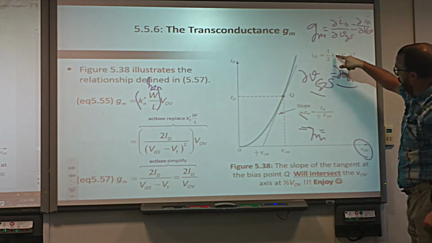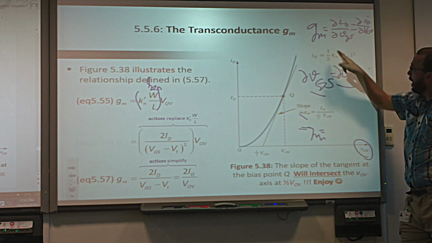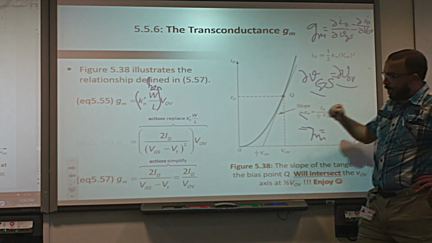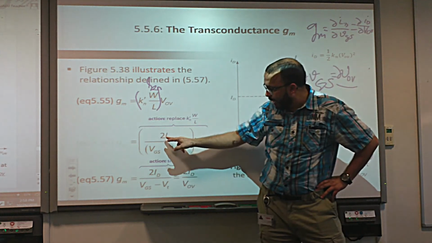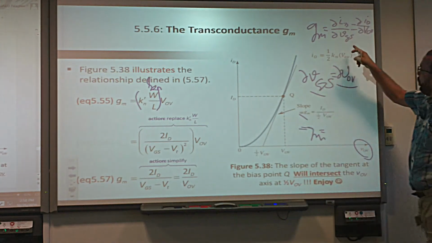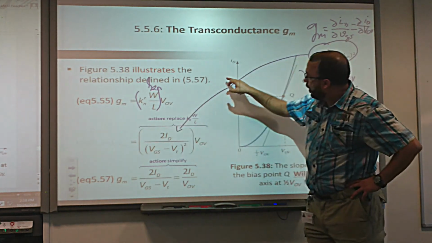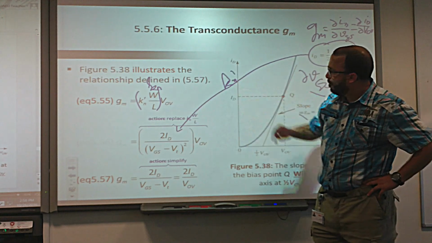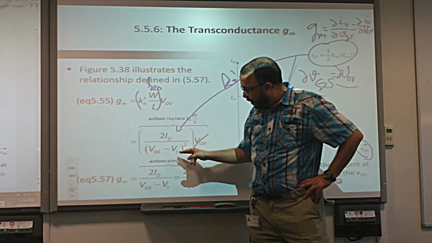I go here and calculate Kn, which is equal to 2ID divided by V overdrive squared, yes or no? All in DC, okay? 2ID divided by overdrive squared. So from this equation, I replace Kn prime. Do you understand? Very good. Now we have this overdrive, and this is the overdrive squared.